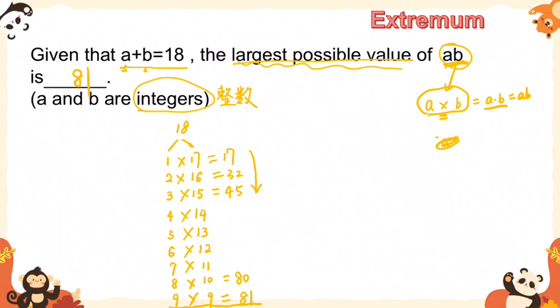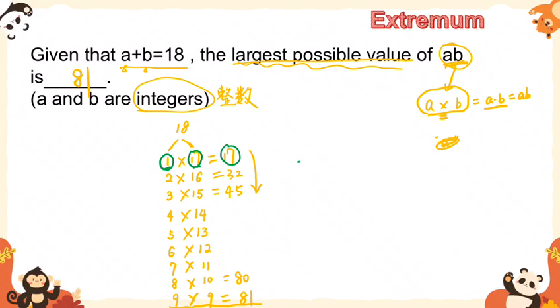Okay, so here we can draw the conclusion. You can see, let me use another color. 1 and 17. Oh, we can see this number is too small and this one is larger. When you get two numbers, one smaller and one larger, the product is small.